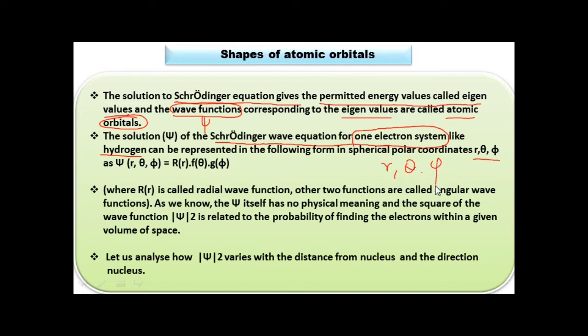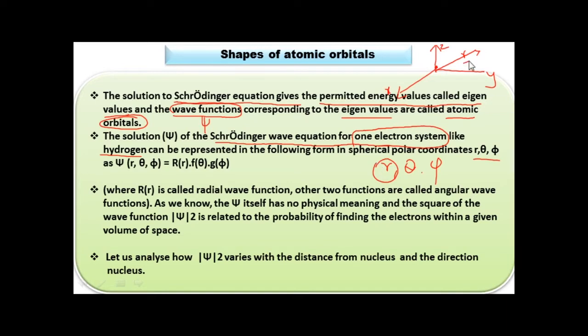So see, this is the x axis, this is the y axis, this is the z axis. This is imaginary, this is like a nucleus, and this is the distance from the nucleus, which is represented by r, that is the radius. So r represents the distance from the nucleus.